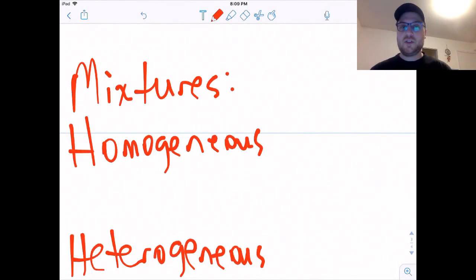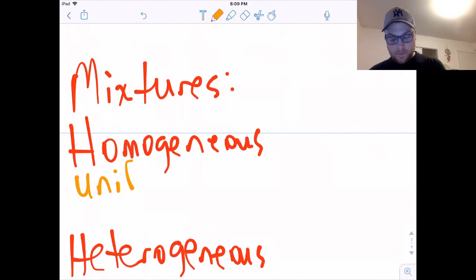Like if you had a little bit of salt dissolved in water next to a cup of pure water, at first glance you probably couldn't say, oh, that one's the salt water and that one's the regular water without tasting it. So homogeneous mixtures, we say, have uniform particle distribution.